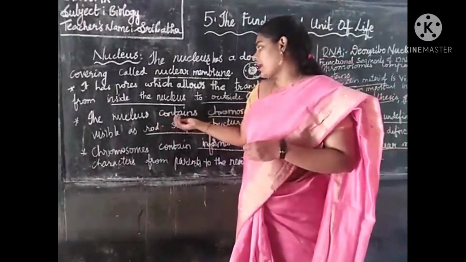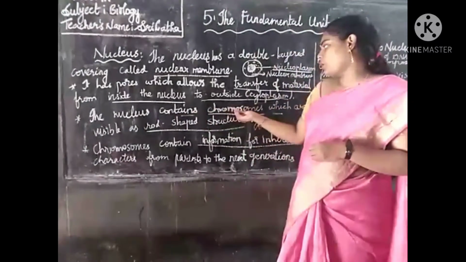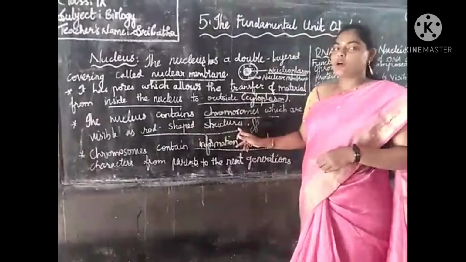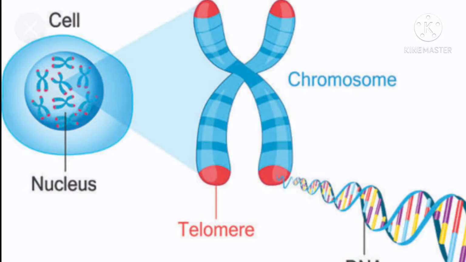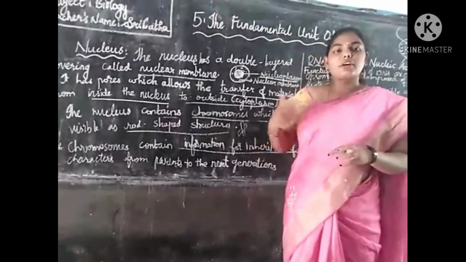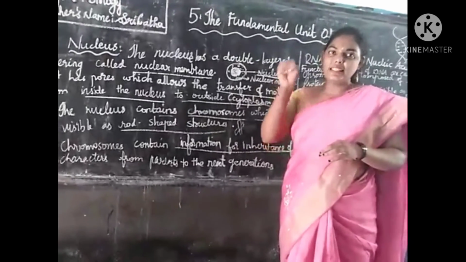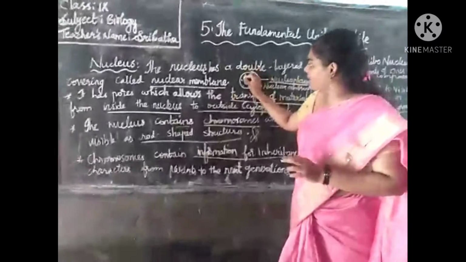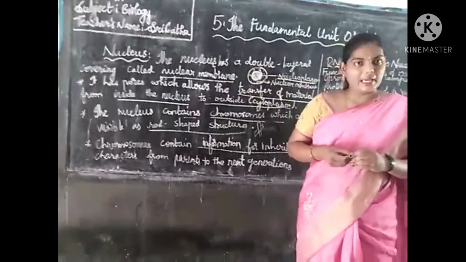The nucleus contains chromosomes, which are visible as rod-shaped structures. The gel-like, fluid-like material present in the nucleus is called nucleoplasm, and the membrane around the nucleus is called the nuclear membrane.